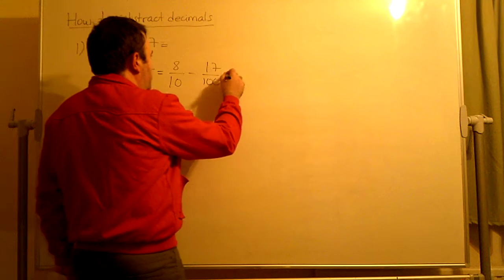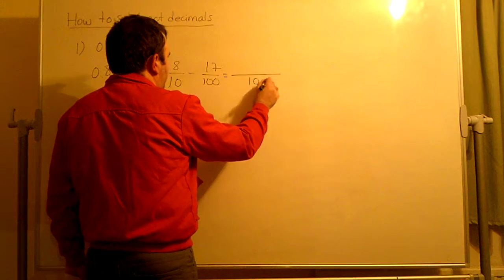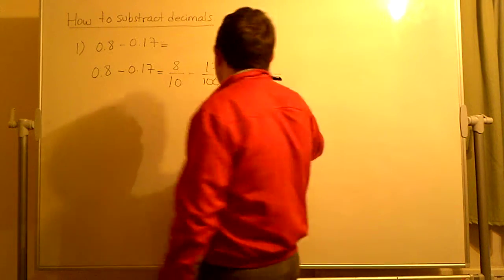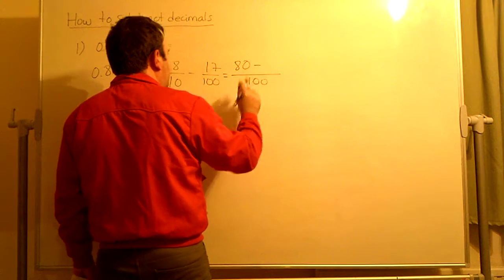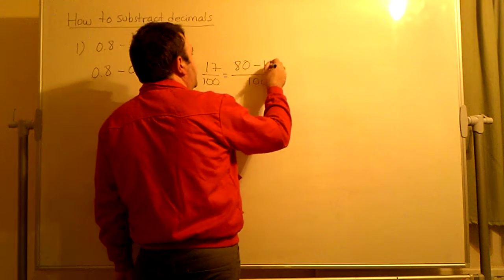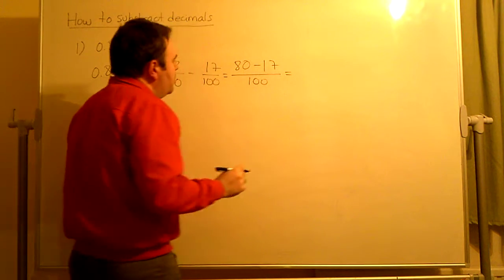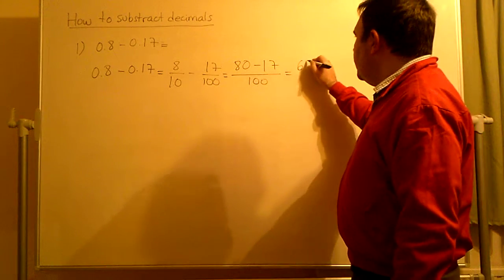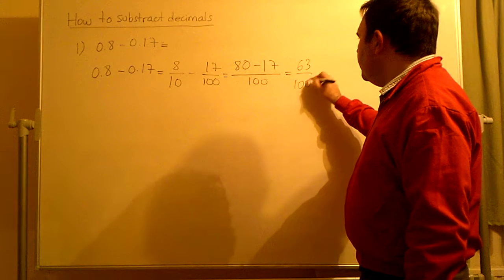So the least common multiple would be 100. Now 100 divided by 10 is 10 times 8 is 80, minus 100 divided by 100, which will be 1 times 17. And then this will be 80 minus 17, which would be 63 divided by 100.